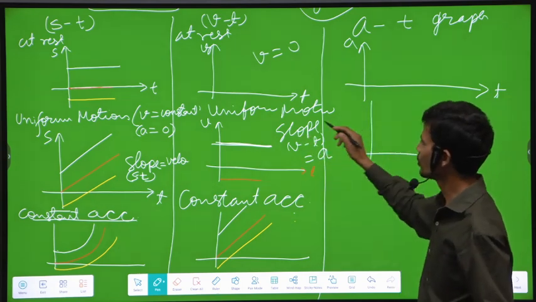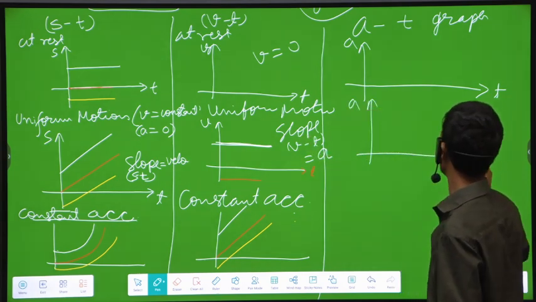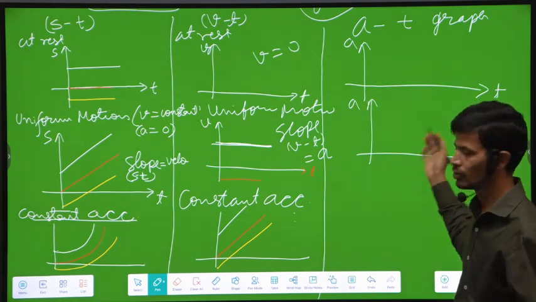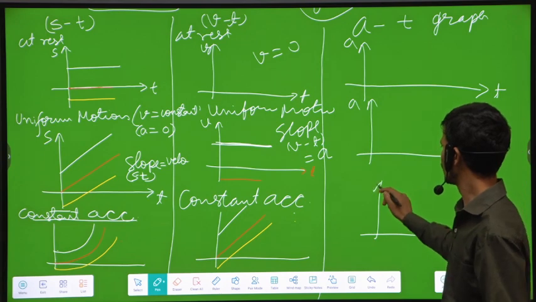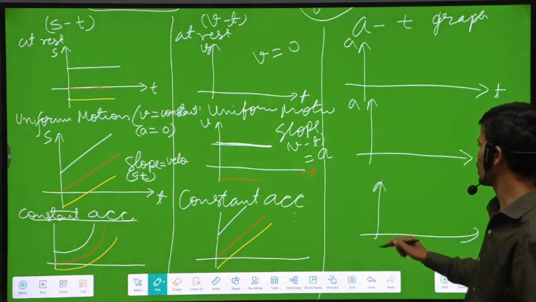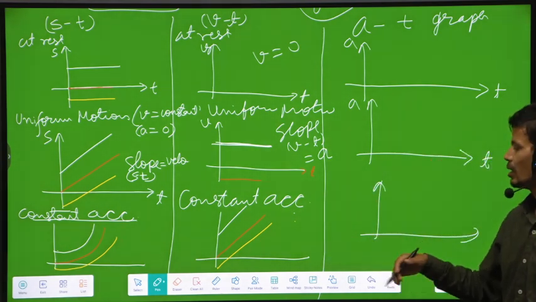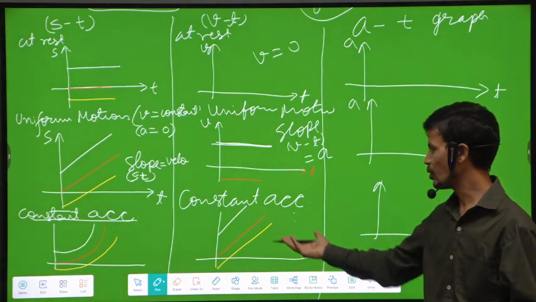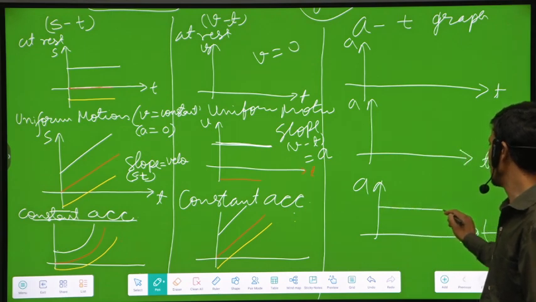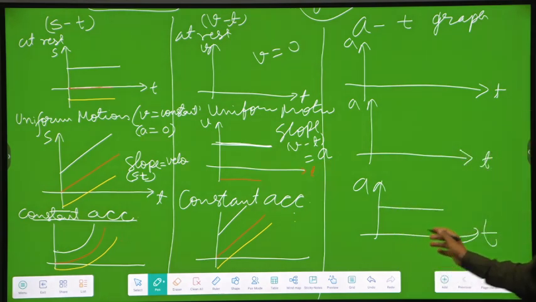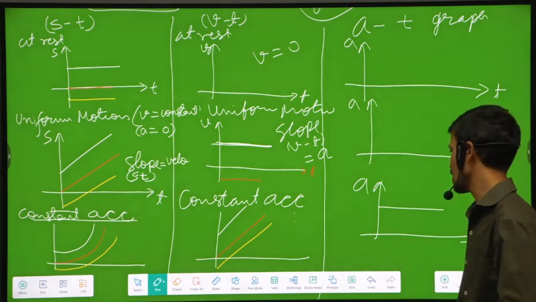In fact, for uniform motion, if there is no velocity, there is no acceleration. But for constant acceleration, it must be positive acceleration, so there will be some positive value, but that is constant. So this is what the graphical representation tells us.